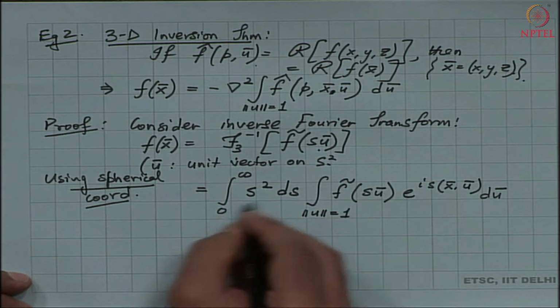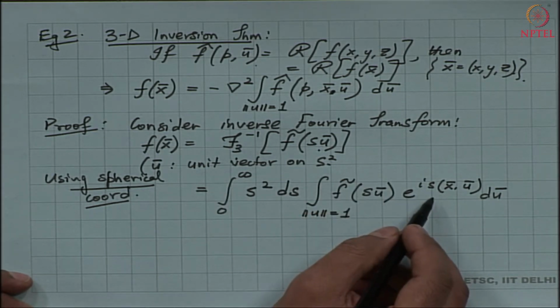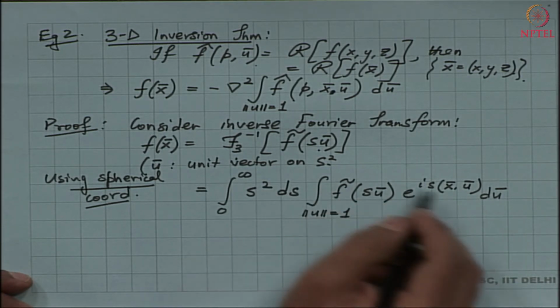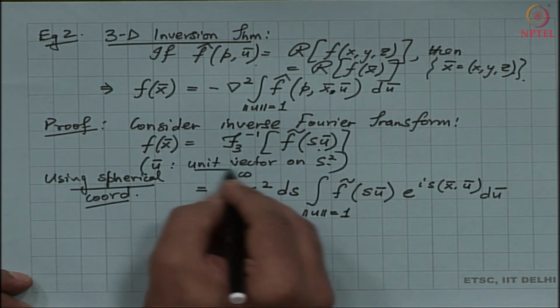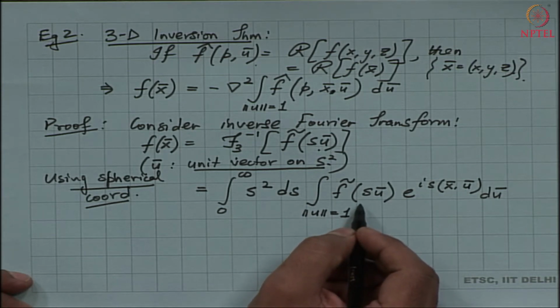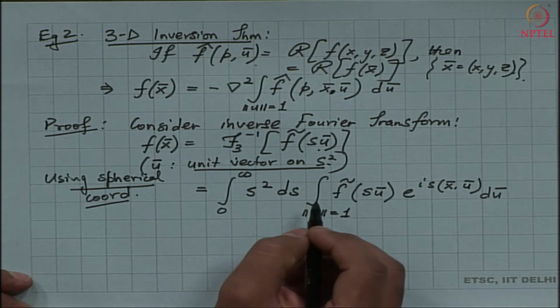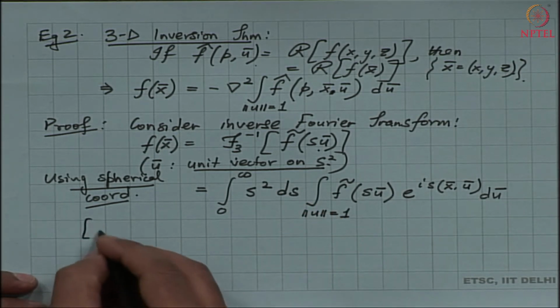Okay. So, I see that the inverse of the Fourier transform in 3D has this form. This is over all unit vectors on the sphere S2, which is the hypersphere in 3D.